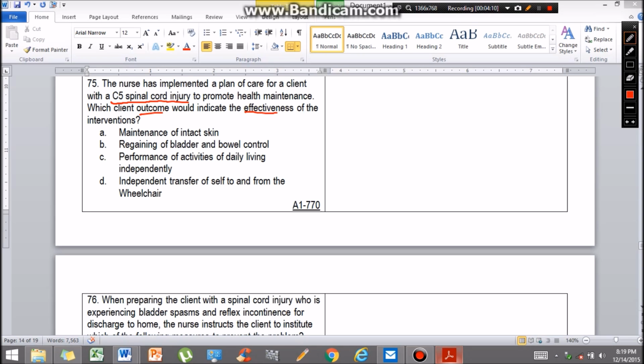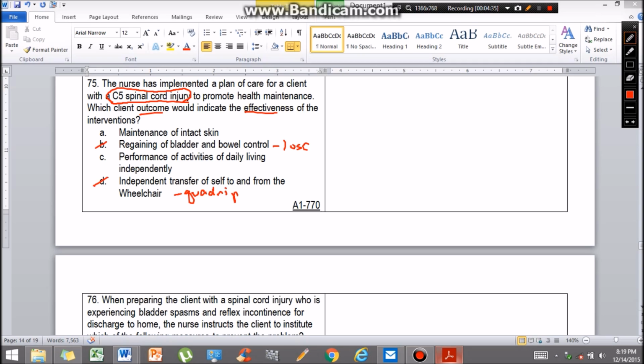So, based on this situation or options, remember that in a cervical 5 spinal cord injury, you lose your bladder control. So you cannot regain it anymore. You cannot transfer because the client is considered to be quadriplegic.